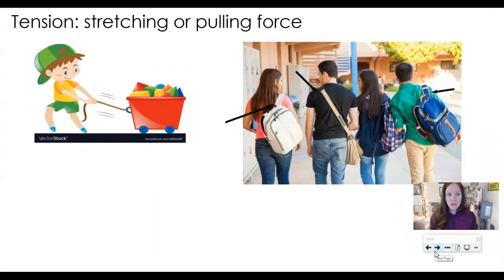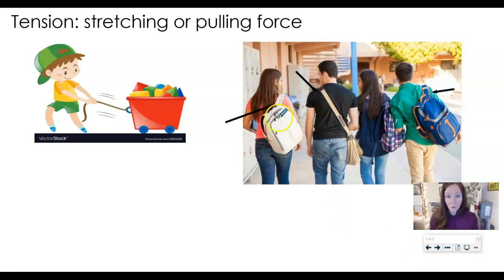Okay, so the first type of force, and we're going to cover 2 basic types of forces here, because these are the ones that are most commonly experienced by your bridge. So first is tension. Tension is any kind of stretching or pulling force. So anytime something is pulled, so for example here we've got backpack straps.